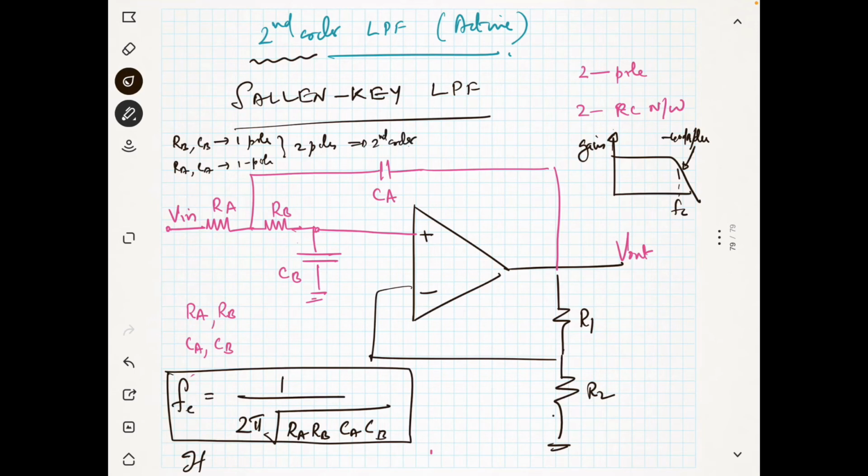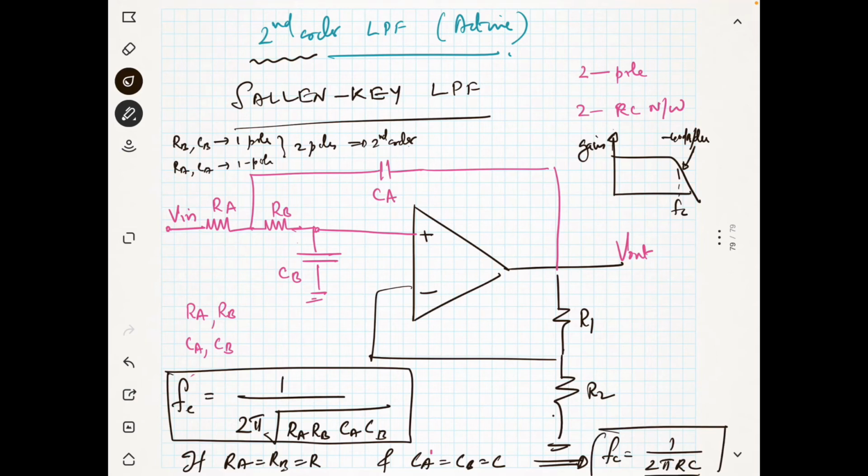Okay, and if RA equal to RB is equal to R and CA equal to CB equal to C, then you will get your FC as, if you substitute in this equation, 1 by 2 pi RC, if all these resistances are same. And one more thing about this filter.